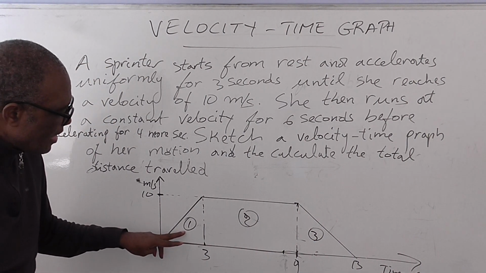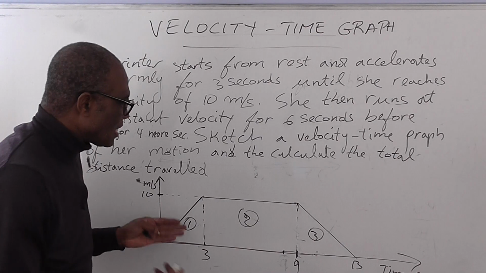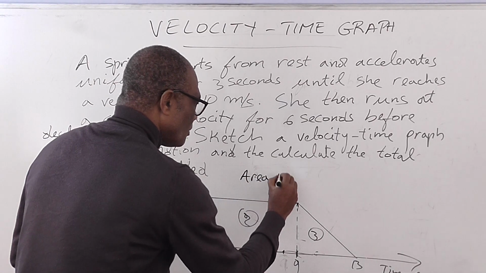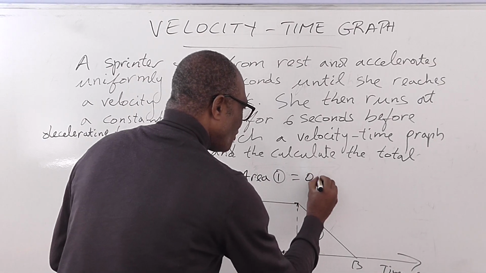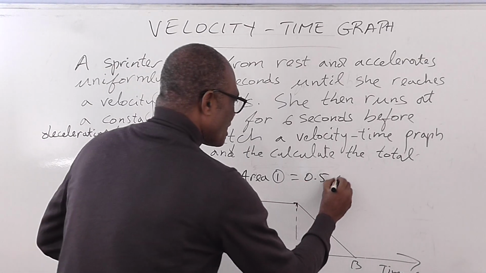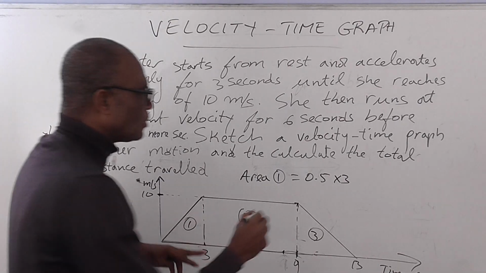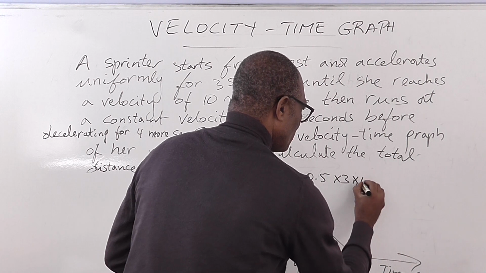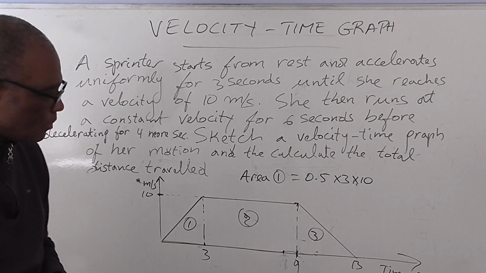So the area 1, how to get it? This is a triangle. So area 1, the triangle is half, 0.5 multiplied by the base is 3, multiplied by the height is 10. What's 0.5 again?